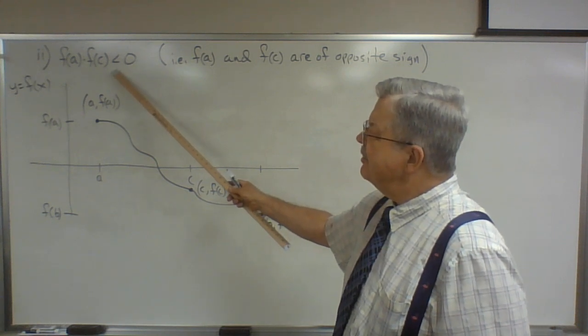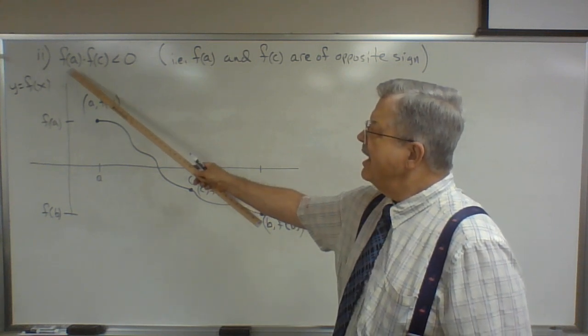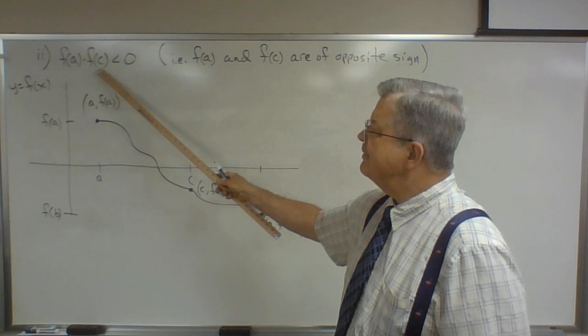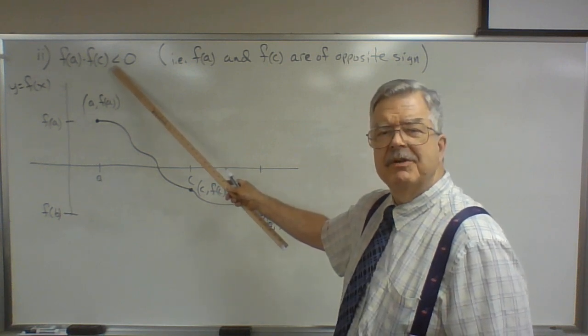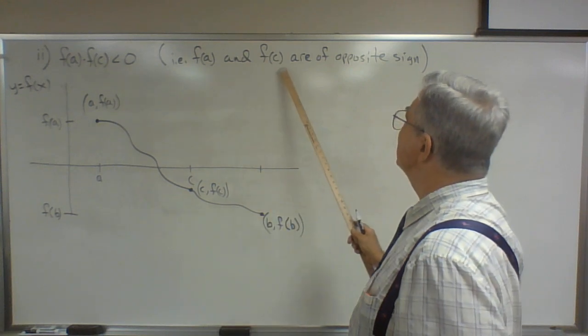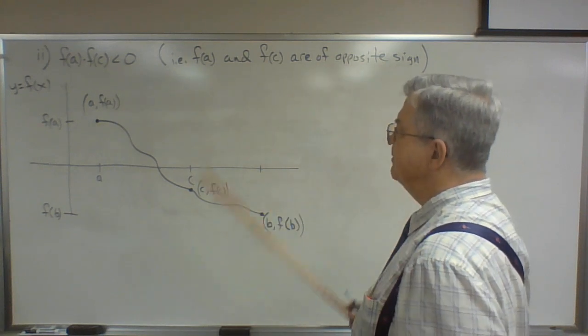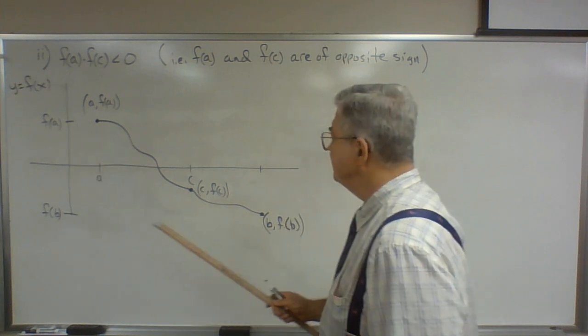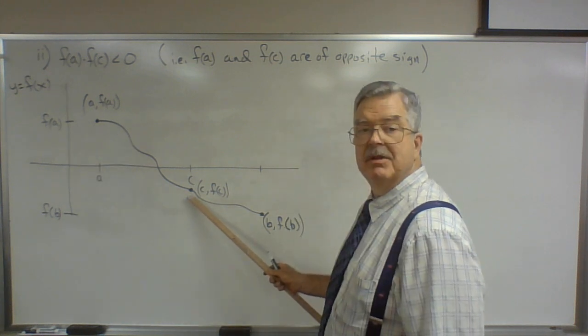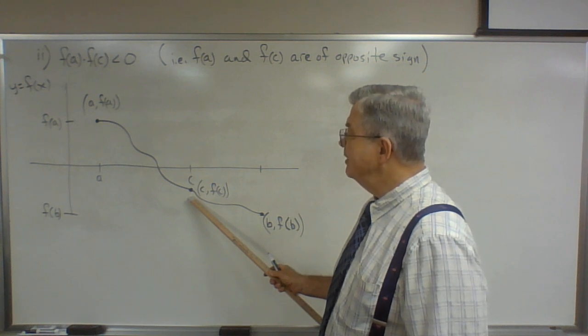Here's the second thing that could happen. F of a times f of c is less than 0, which means that f of a and f of c are of opposite sign. So here's f of a above the x-axis. Here's f of c below the x-axis.